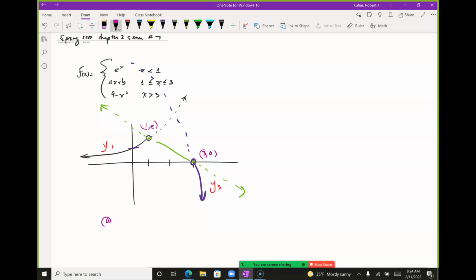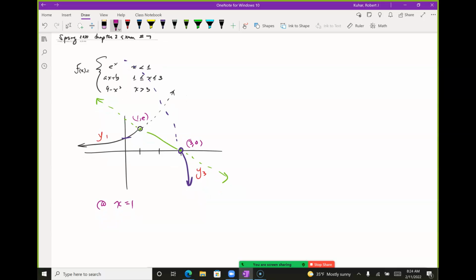So at x is 1, we'll work on our definition of the limit. What do I do first? Plug in 1. So I find f of 1, and it's pretty clear that I use Y2, that second machine at 1 and at 3. So I get a times 1 plus b is just a plus b.